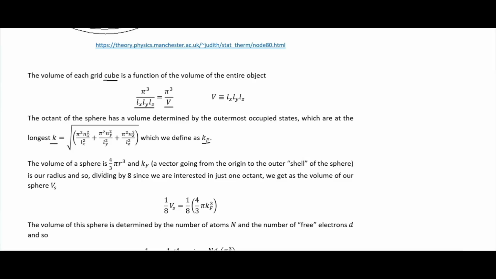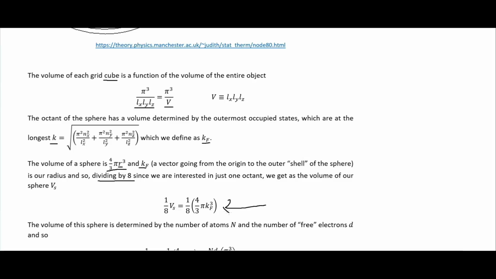So the volume of the sphere is given by this formula, and kF, so the vector going from the origin to the outermost shell, so the sort of highest energy states that are occupied. So that kF is our radius, so we just substitute that in for the r.